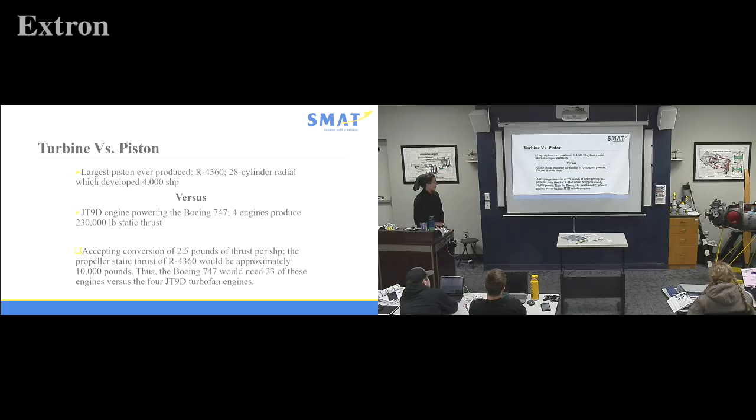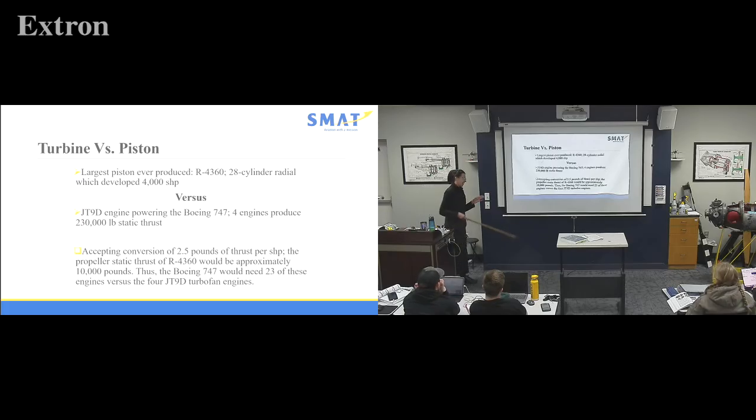Turbine versus piston. The largest piston engine ever produced was the R4360, a 28-cylinder radial, which developed 4,000 shaft horsepower, versus the JT9D engine on the Boeing 747. The 4 engines on the 747 produced 230,000 pounds of static thrust.